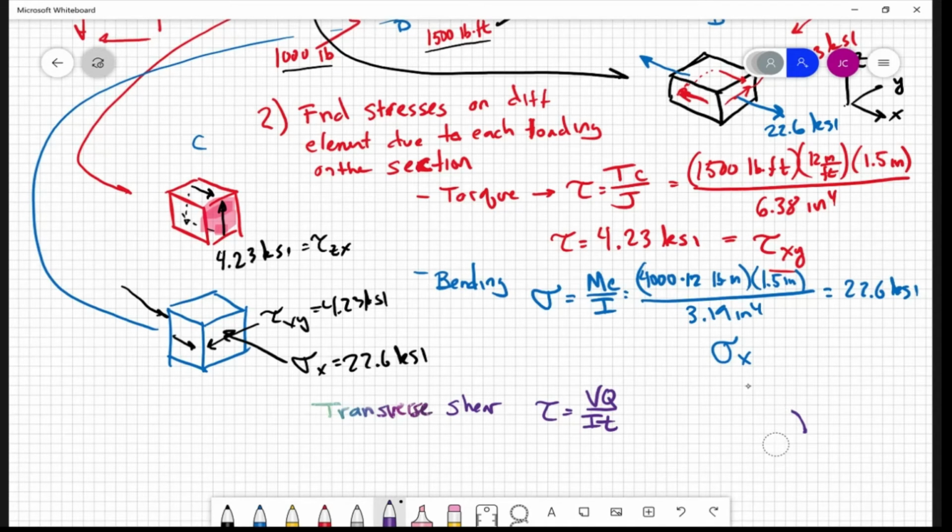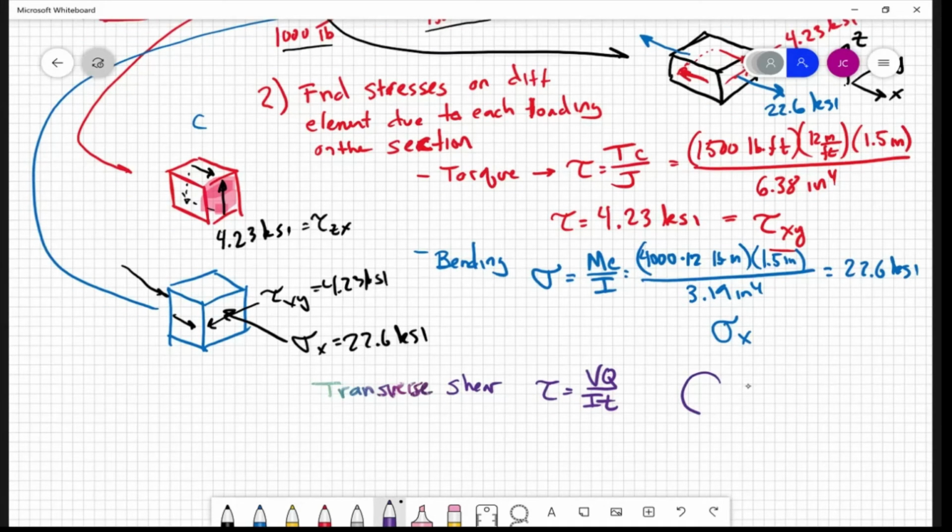So remember, the transverse shear stress here vanishes. It goes away completely. So at the top, at point B, this actually goes to zero. It also would go to zero at point D. Now at point A and point C, it's going to be max, and we'd compute Q over that half circle area, and that would be a shear stress that actually acts down.